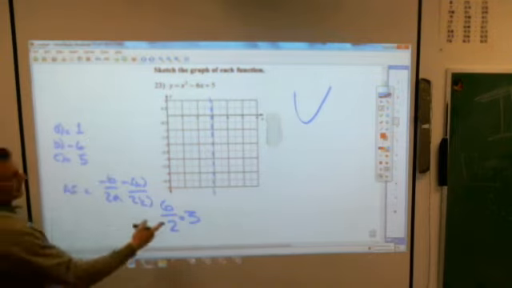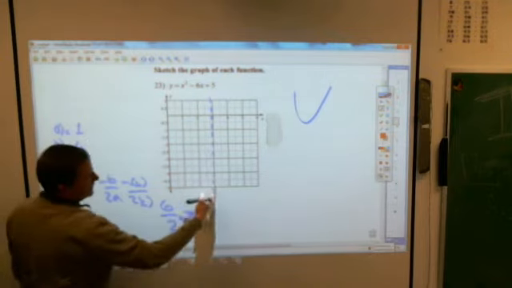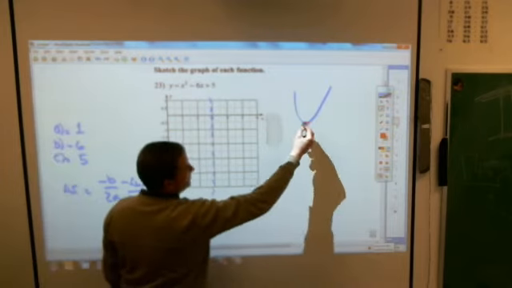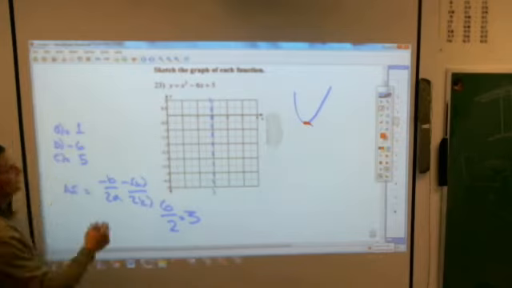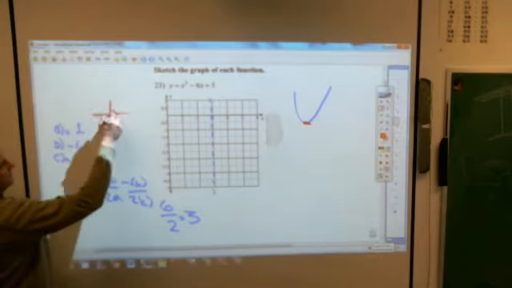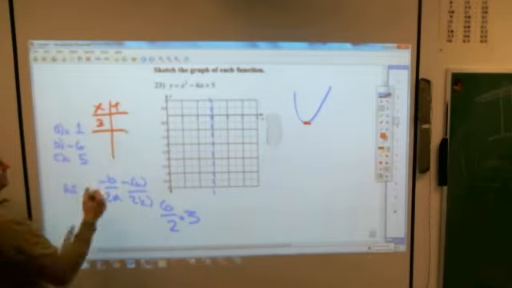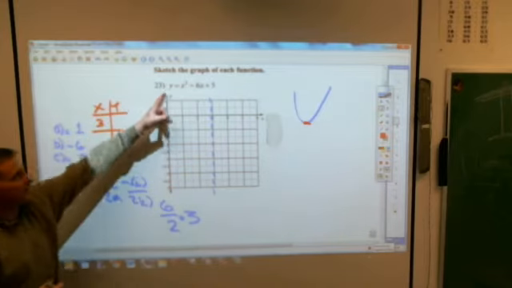Now, you want to find the y value on that axis of symmetry, because that is this bottom point. That is its minimum. I always draw myself a little chart here just so I keep things straight. I am putting 3 in for my equation to see what I get for y.